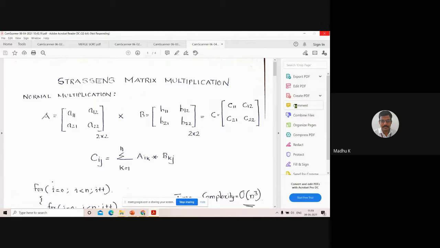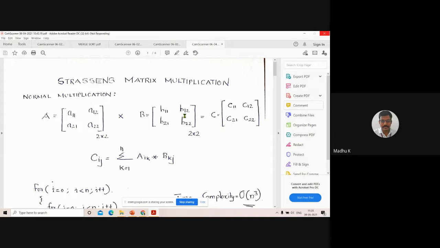Then we want to discuss how matrix multiplication can be performed using the divide and conquer approach. First, we want to study the normal matrix multiplication.